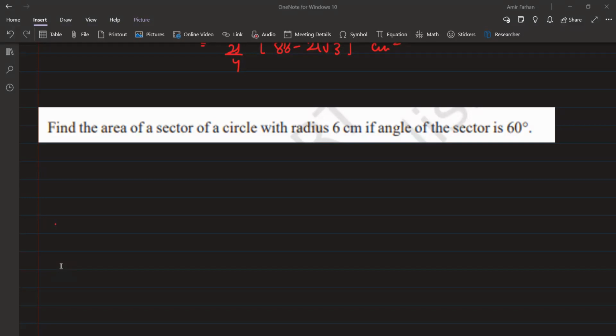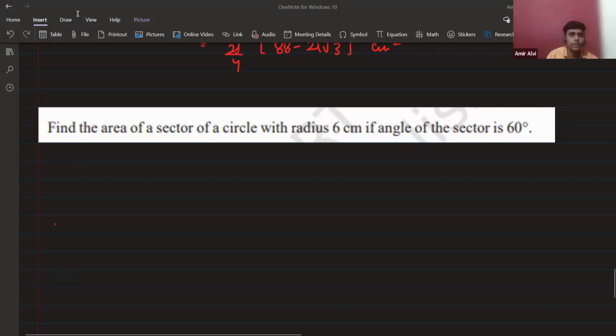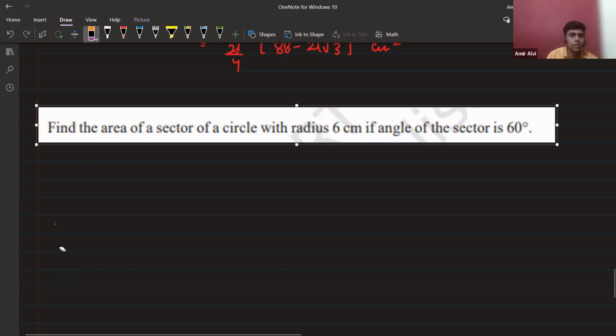Any answer? All of you are done. It's a straightforward question, everybody. There is not much complexity there. You can do this with your blind eyes.